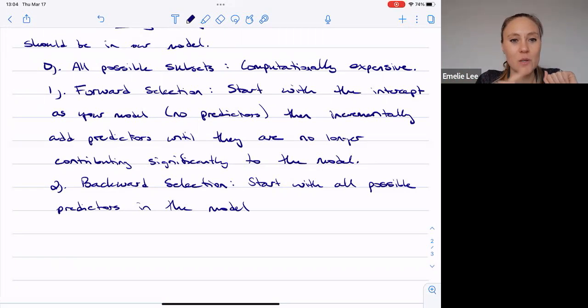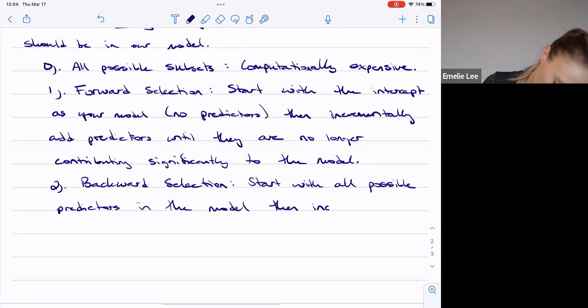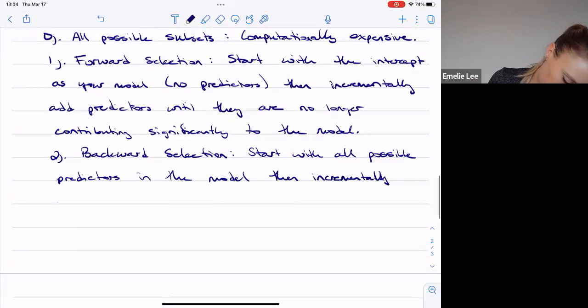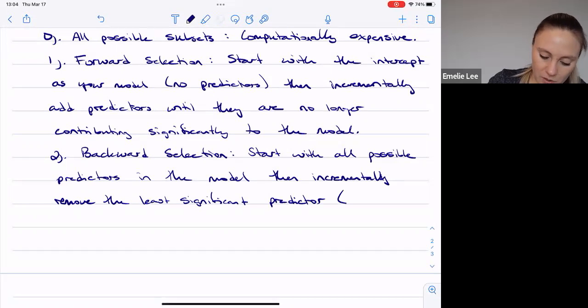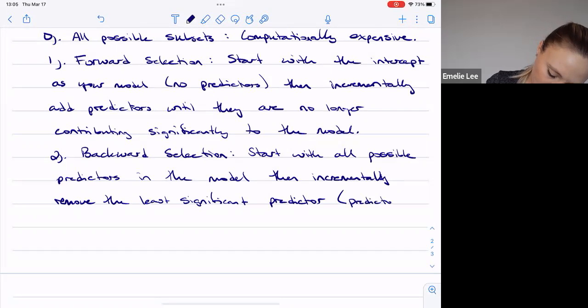So start with all possible predictors in the model, then incrementally remove the least significant predictor, which is really the same as saying the predictor with the highest p-value.